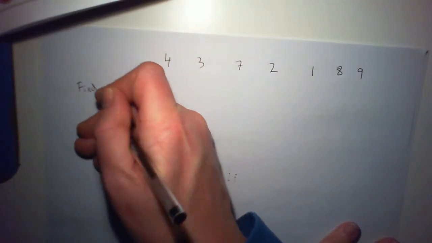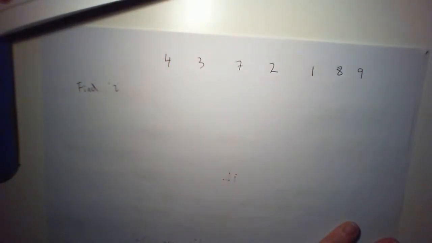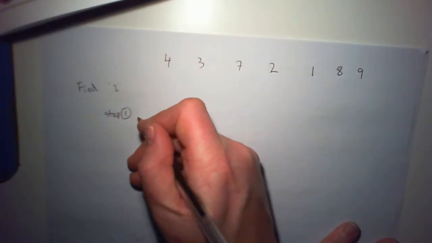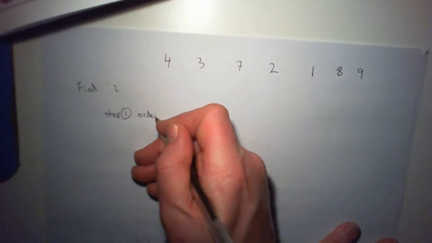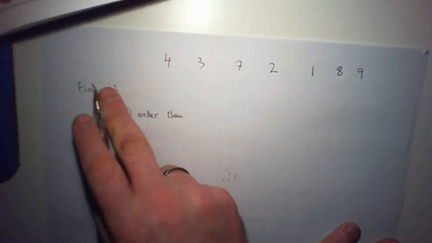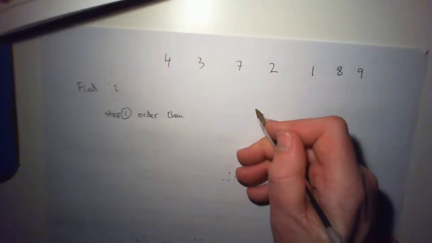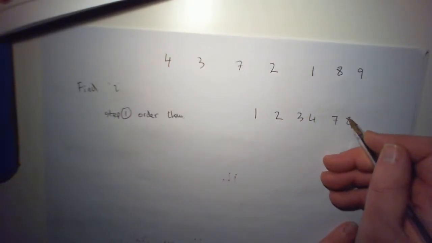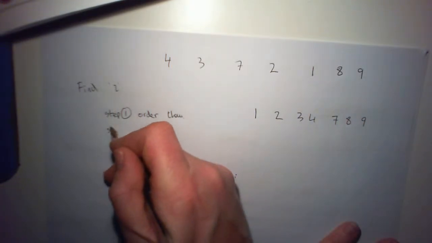Find 2. So step 1, order them. Okay, so let's put them in order. 1, 2, 3, 4, 7, 8, 9.